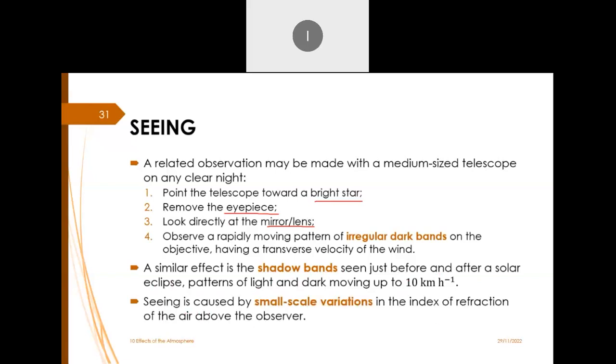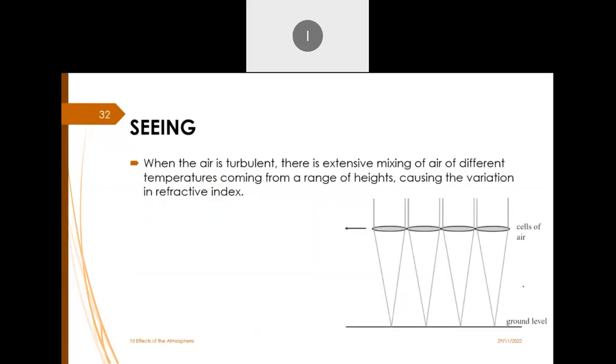So seeing is caused by small scale variations in the index of refraction of the air. Let's see here. The refraction occurs when light passes through air of varying refractive index.